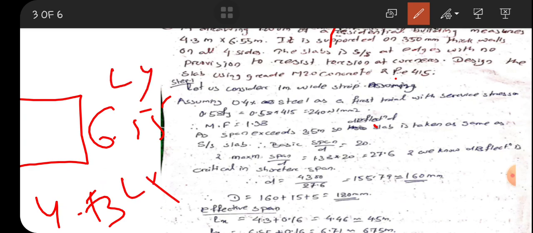Then we can take this aspect ratio LY by LX, and check whether it is coming less than 2 or not.